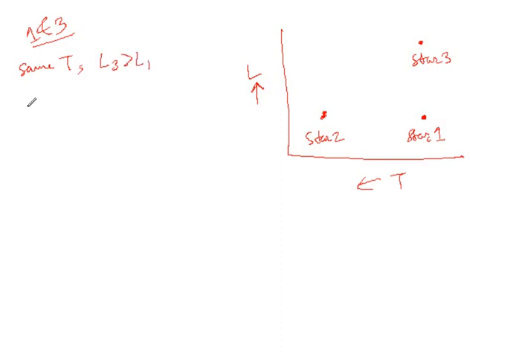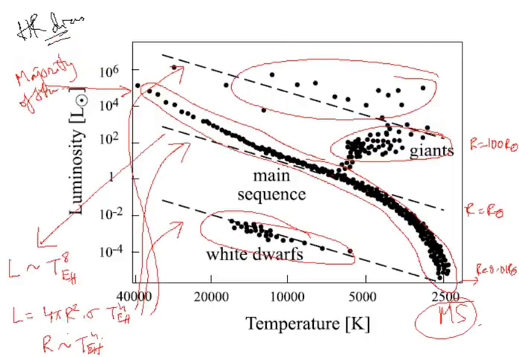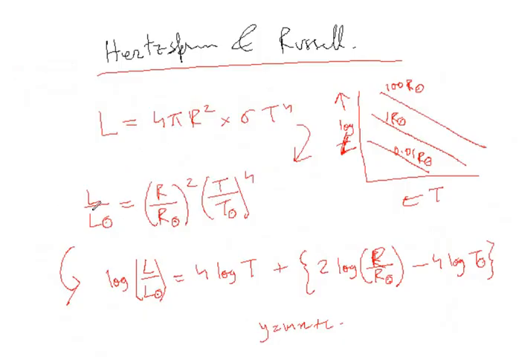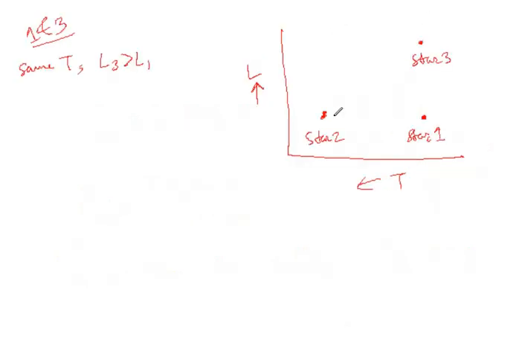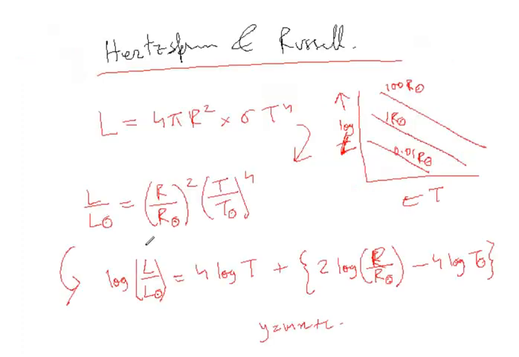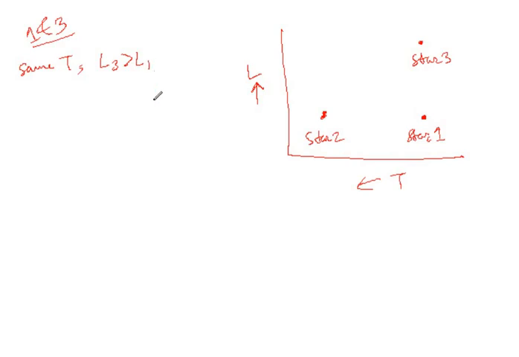Now you remember this relationship here. So from this relationship, since L3 is greater than L1 and they have the same temperature, this means that R3 is greater than R1. Okay, so this is why I was saying that they are giants, they have larger size.